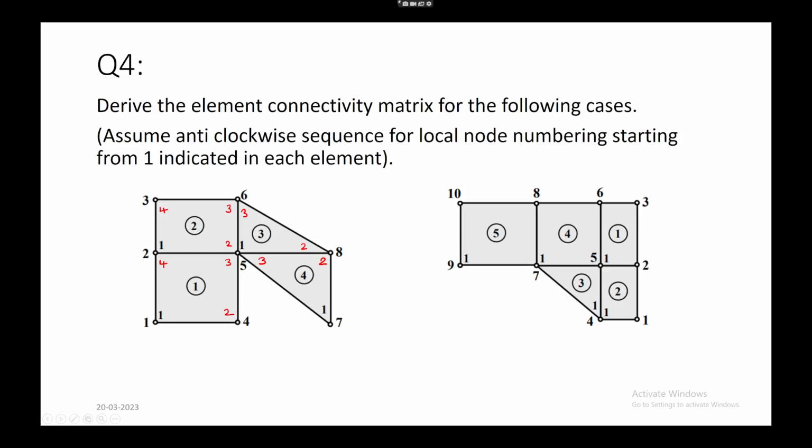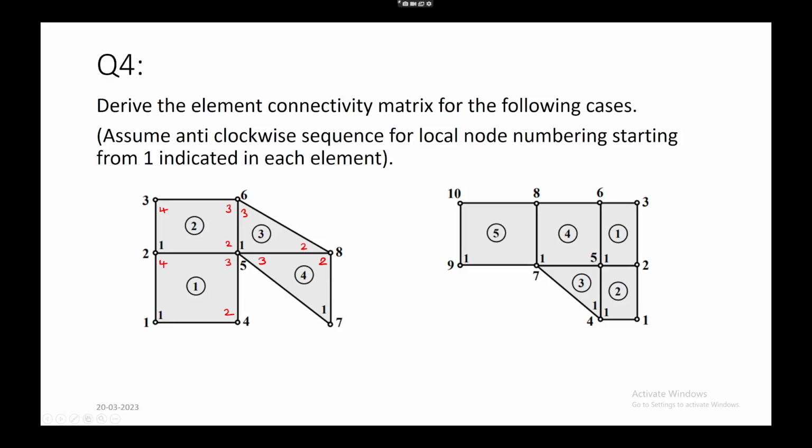Okay, what is it for element number 3? 5, 8, 6. This last entry will be empty, right? Because there are only 3 nodes in the third element. What about 4? 7, 8, 5. Okay.